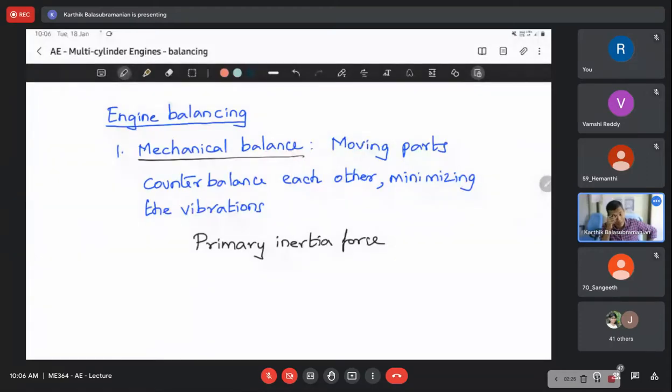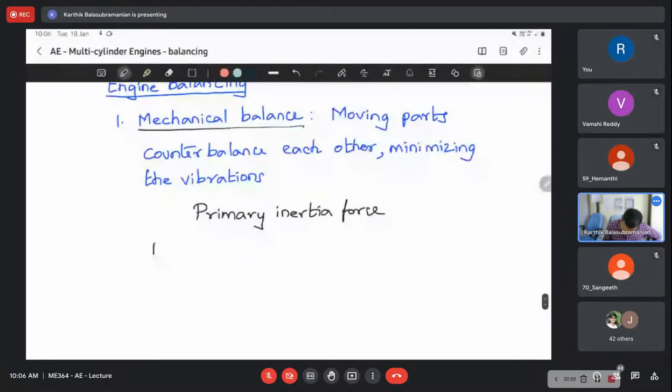You're right in one sense, but where exactly do we see what causes this primary inertia force? It's not just the components at rest. Primarily, what kind of components are the primary inertia forces caused by? So you can say imbalances in rotating components.